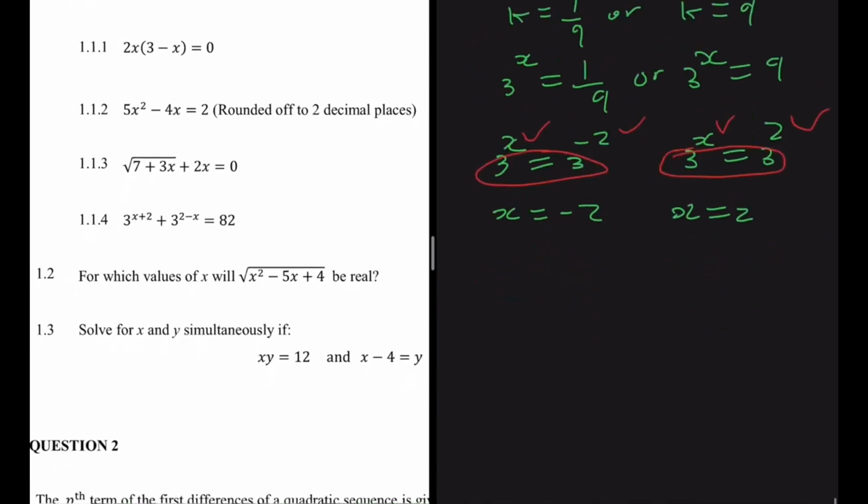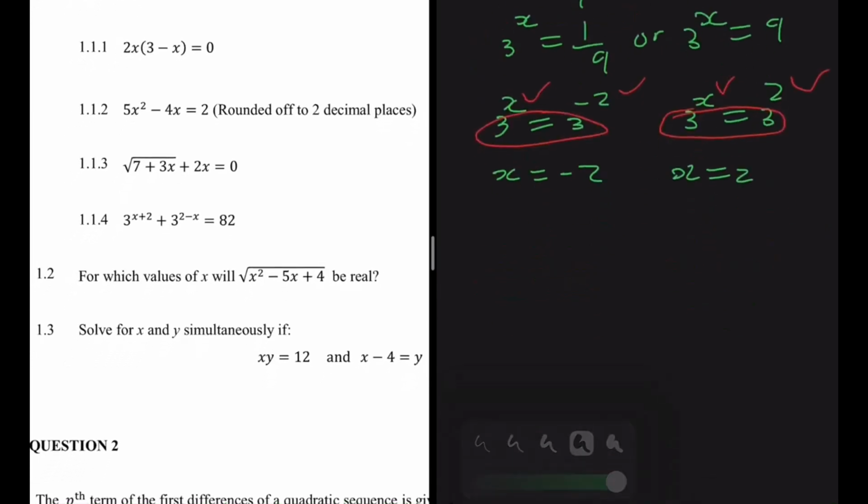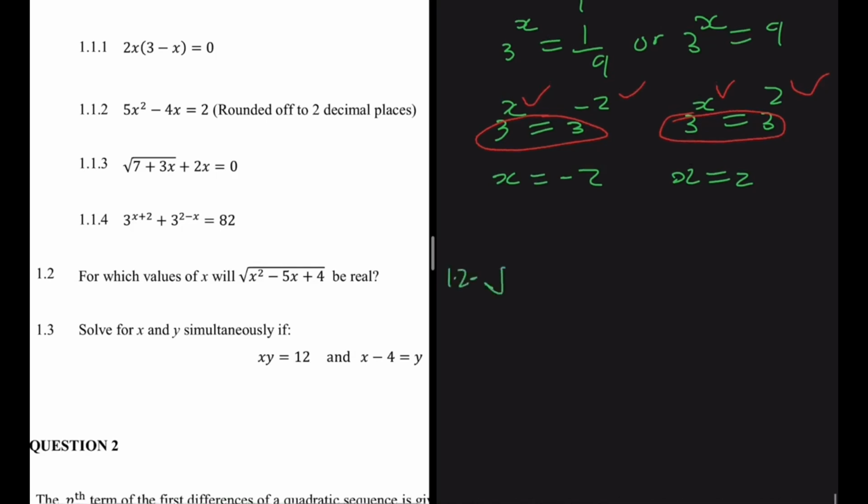Let's do 1.2. For which values of x will the square root of x squared minus 5x plus 4 be real, right? So let me just write that down. We have the square root of x squared minus 5x plus 4. If it's indeed real, then that should be greater than or equal to 0.